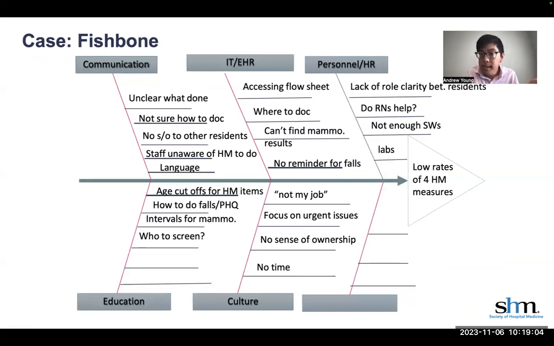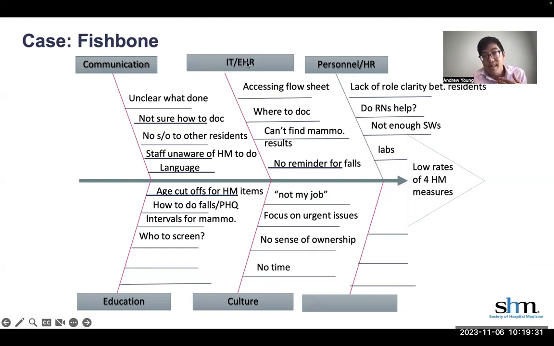So again, this is an example slide from the Society of Hospital Medicine. This is an example fishbone for low rates of health maintenance measures. Here are some categories that they came up with. Your categories may be different, but the categories they utilize are communication. So what are the communication factors that contribute to low rates of health maintenance measures?